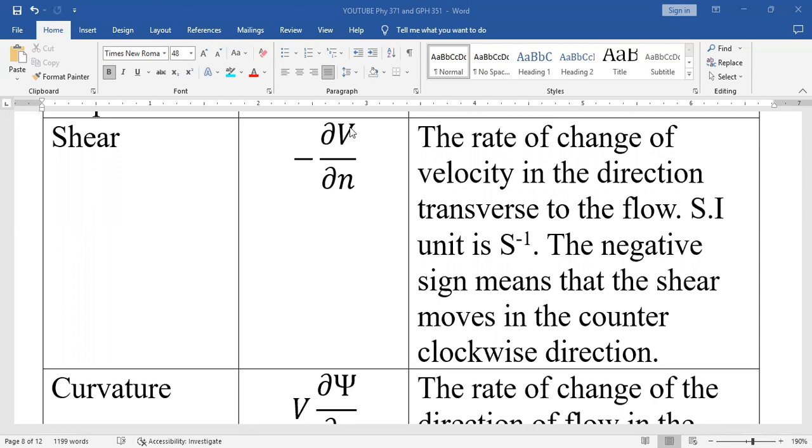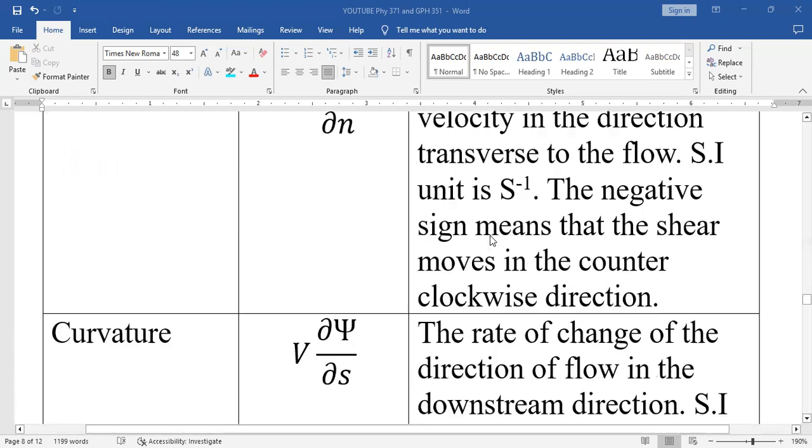The rate of change of velocity, dv, in the direction transverse to the flow. They all have the same SI unit, per second. The negative sign means that the shear moves in a counterclockwise direction. What do they mean by counterclockwise? Anti-clockwise direction. So that is the definition for the shear.